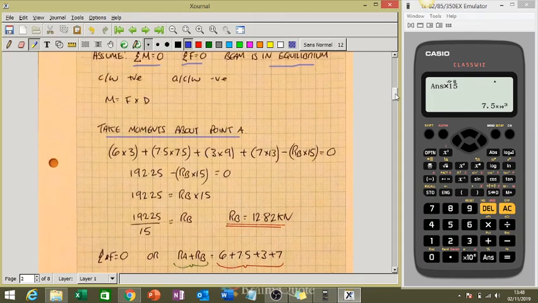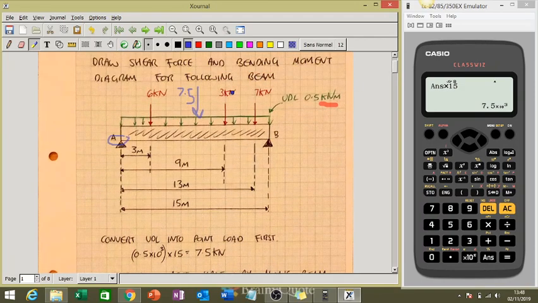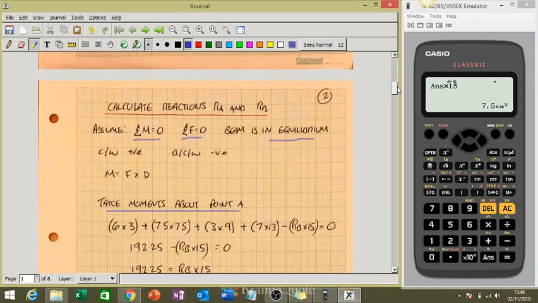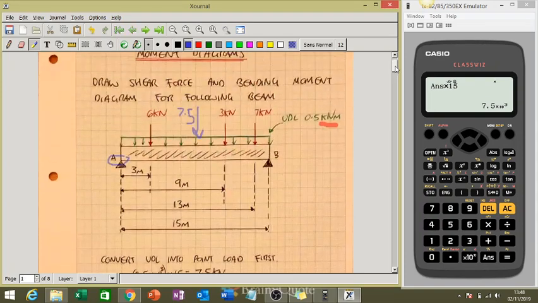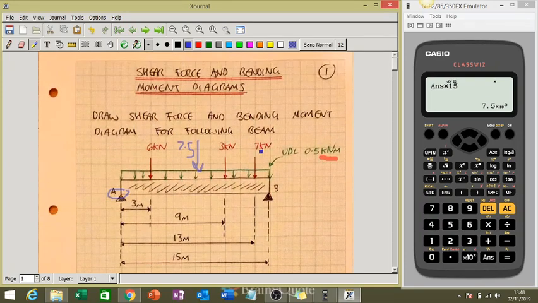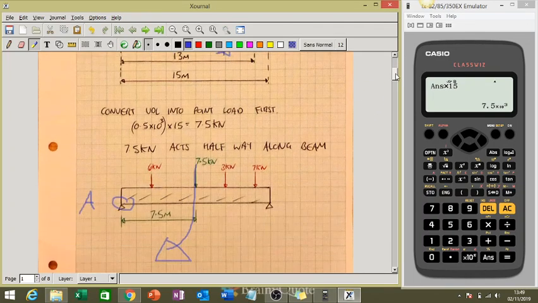Plus 3 times 9, the 3 force 9 meters away, it's going positive, hence we've got positive. The last one of the forces, 7 times 13, 13 meters away. Again, it's going positive, so 7 times 13 is a positive moment.